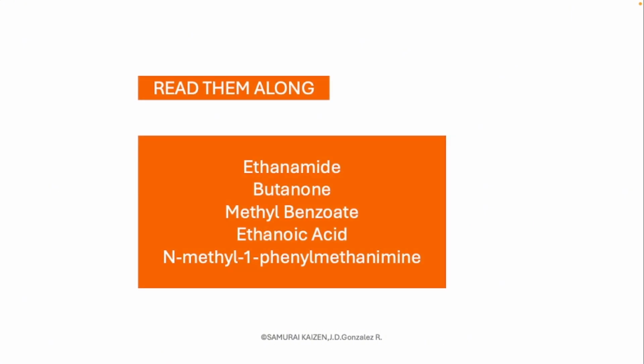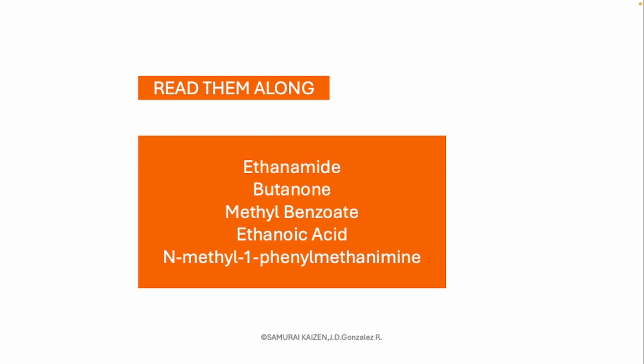Now I suggest you read along the following species so that you can practice your pronunciation and ability to read them. The first one is ethanamide. The next one is butanol. Methyl benzoate.